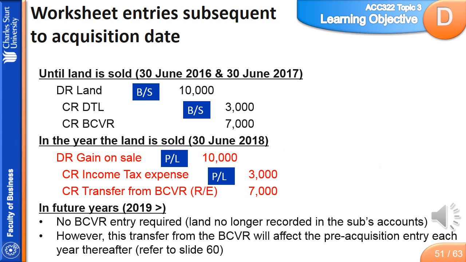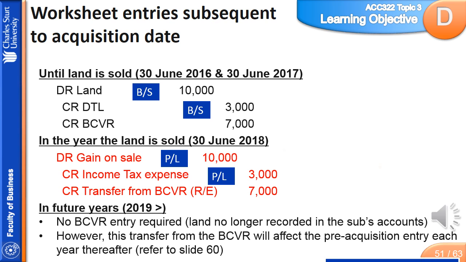So what we would do in this case is put an extra $7,000 as a debit to retained earnings, and on the other side, it would be a reduction of the BCVR account by $7,000, as we're no longer recording this. So that's how it would work for land.